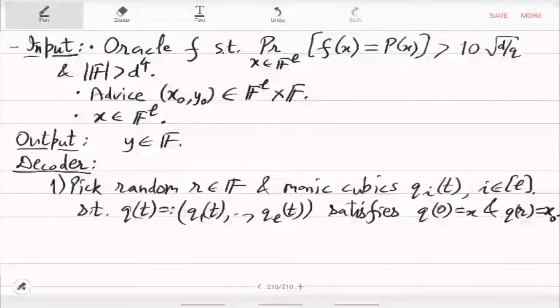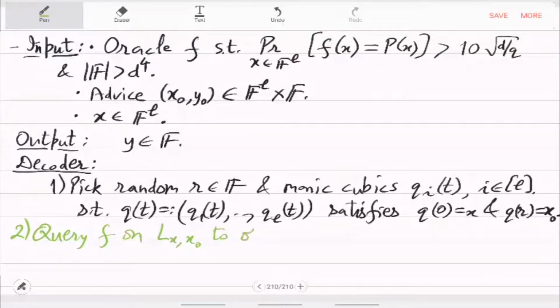Next you query f on this L, right, all the evaluations q of t for all t in the finite field f. So query f on this, to obtain these tuples.